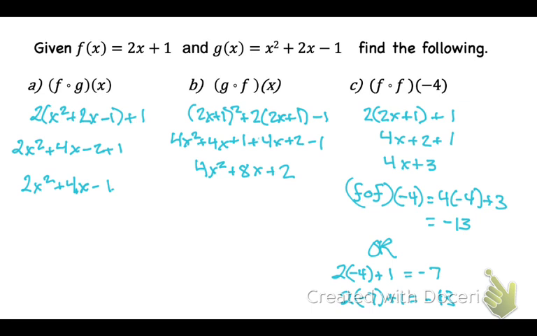And then I take the negative 7, I put it in X, and got out a Y. Now I put that in again. So 2 times negative 7 plus 1 is negative 14 plus 1 is negative 13. Did I get the same answer both ways? I better have, right? I did not.